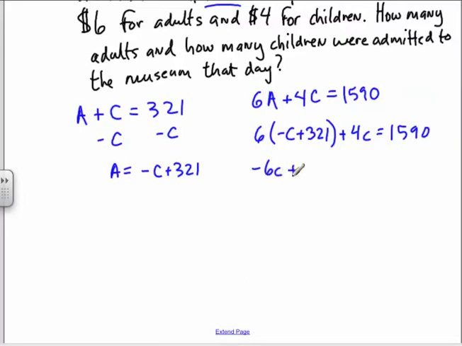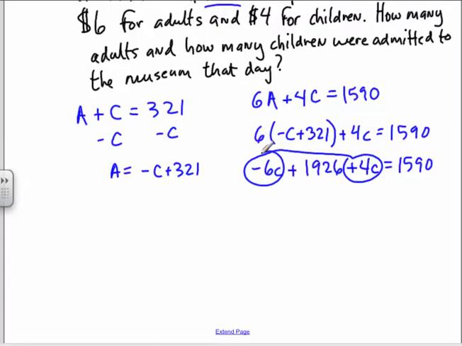That's 1,800 and then another 120, so that's 1,926. Okay, plus 4C is equal to $1,590. I've got to get my like terms together, and you can see this goes with this. Negative 6C and 4C is negative 2C plus 1926 is equal to 1590.